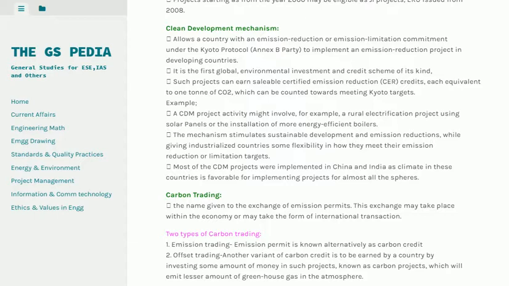a CDM project activity might involve, for example, a rural electrification project using solar panels or the installation of more energy-efficient boilers.